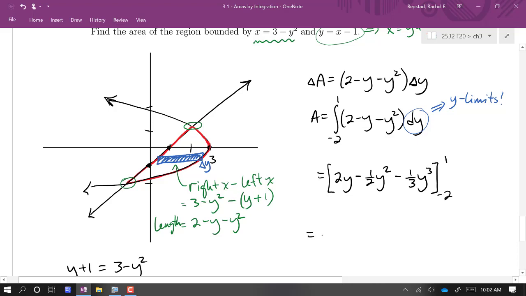We're going to plug in these values. If I plug in 1, then the expression is 2 minus 1/2 minus 1/3, minus, if we plug in -2, 2 times -2 minus 1/2 times -2 squared minus 1/3 times -2 cubed.